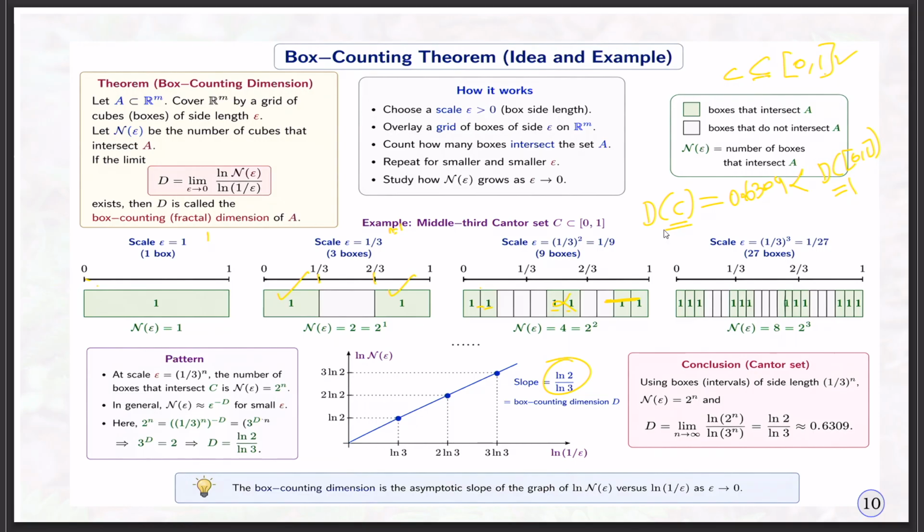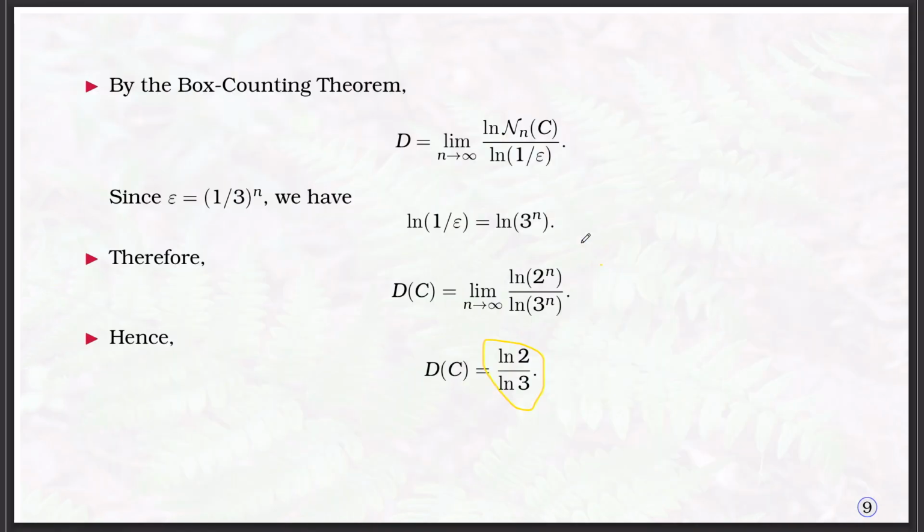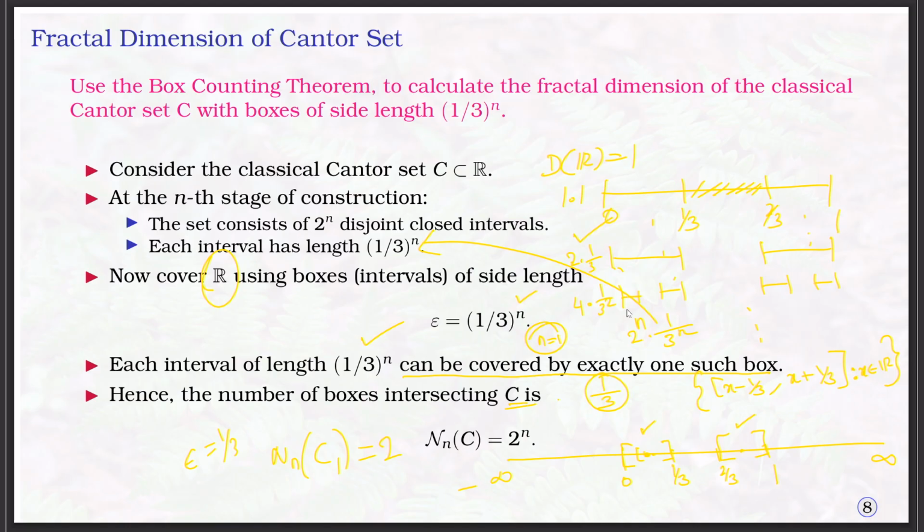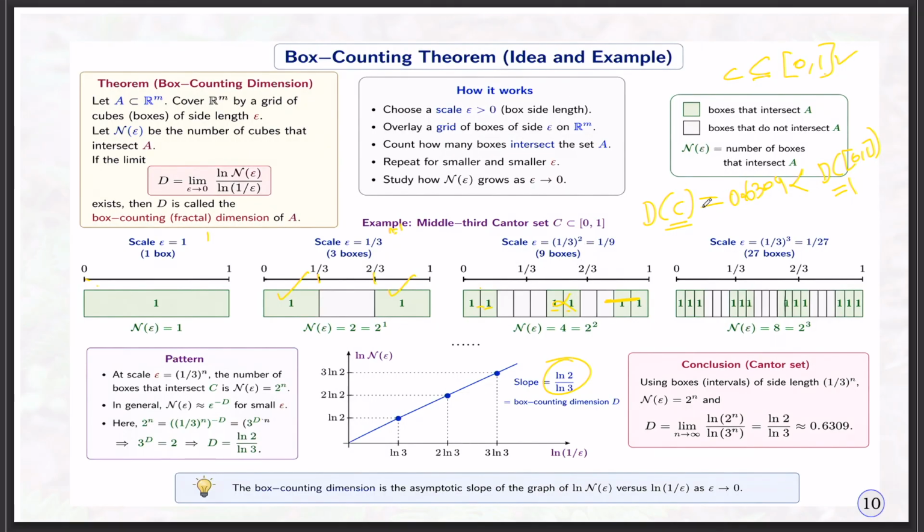Now, the Cantor set exhibits a self-similar nature. At each step, it matches the whole. Comparing the box counting dimension of the Cantor set, 0.6309, with that of the embedded space, 1, it is less than the embedded space's box counting dimension. Therefore, the Cantor set is also a fractal object.